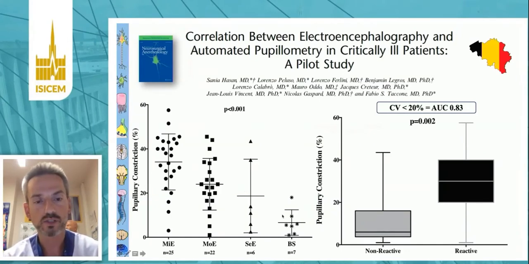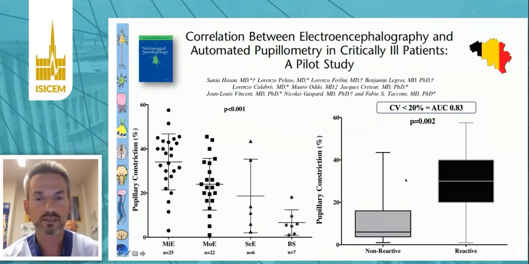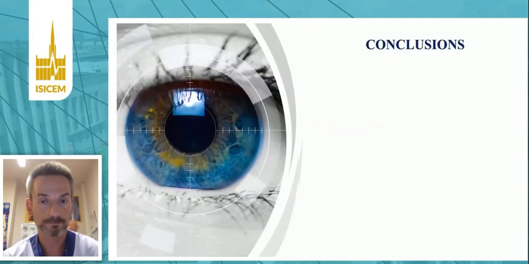For predicting an unreactive EEG, a constriction velocity less than 20% had an area under the curve of 0.83, which means pupillometry could be used to identify a poor EEG pattern or patients at risk of poor cortical function, and maybe these patients would deserve EEG monitoring if not initiated yet.